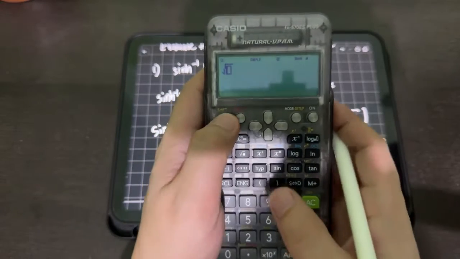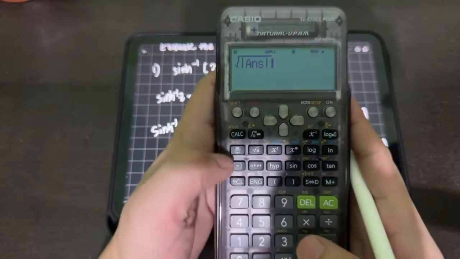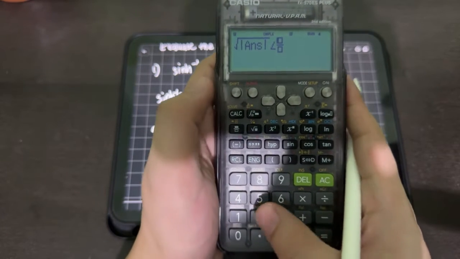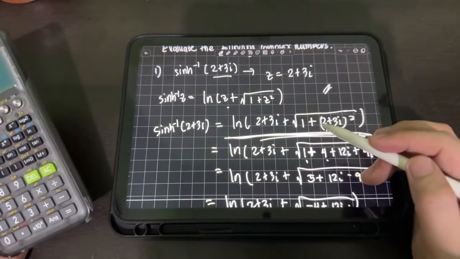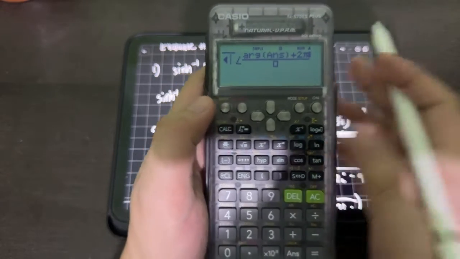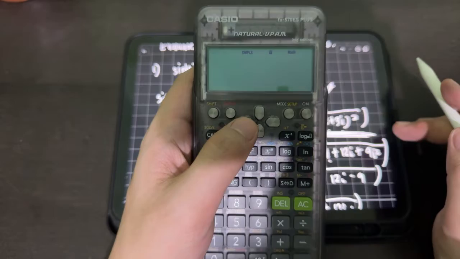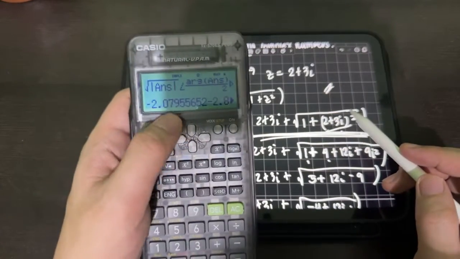So square root of abs of the ans, angle of argument of the ans. So shift 2 1 ans. But this time, we set k to 1. So we must add 2 pi times 1 over 2. So this is the square root of this complex number when k is 1.